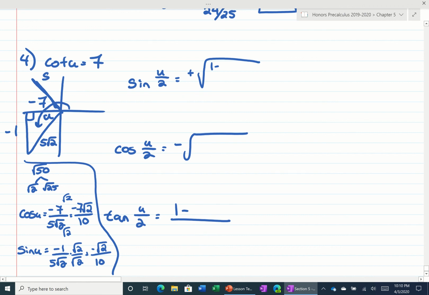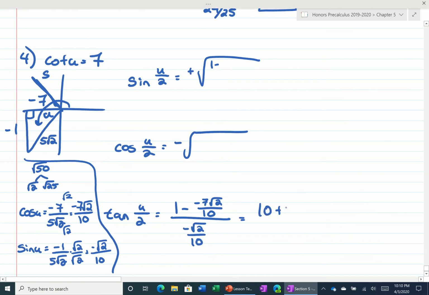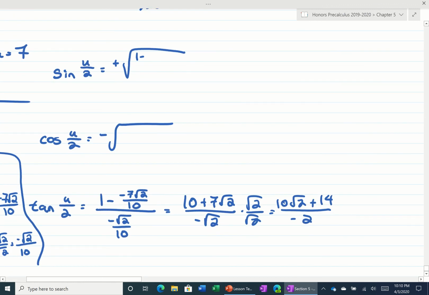So if it's going to be 1 minus the cosine and over sine, we multiply top and bottom by 10. And then multiply top and bottom by root 2 over itself. We would get 10 root 2 plus 7 root 4 over negative 2, which gives us an answer for tangent of, let's see here, negative 7 minus 5 root 2. That's what that would be.